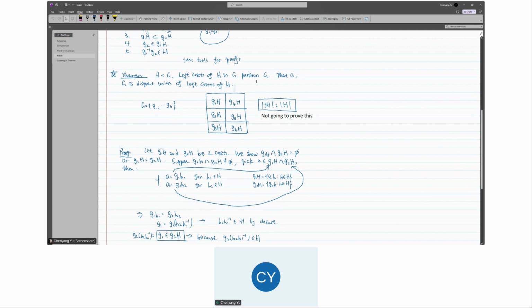So our goal is to prove that all the left cosets partition G. An easier way to do that is to prove all the left cosets are a disjoint union. So without loss of generality, we say G1H and G2H are two cosets. We pick two cosets and do a proof on these two that can be generalized to any pair of cosets here.